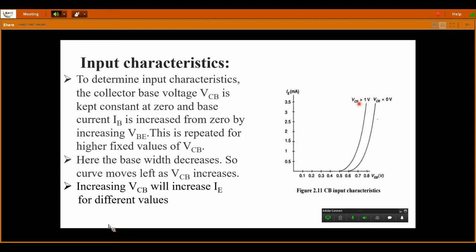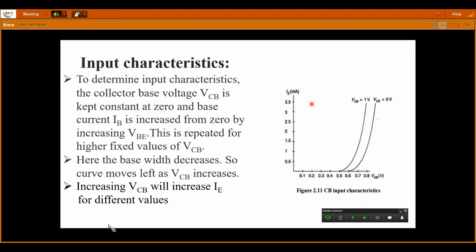When I go on increasing my collector to base junction voltage, or the output junction voltage, this applies a reverse bias on your output junction. So the width of the barrier potential is increased at the output junction, since the physical base width will be reduced. When the physical base width is reduced, the base current will be negligible.